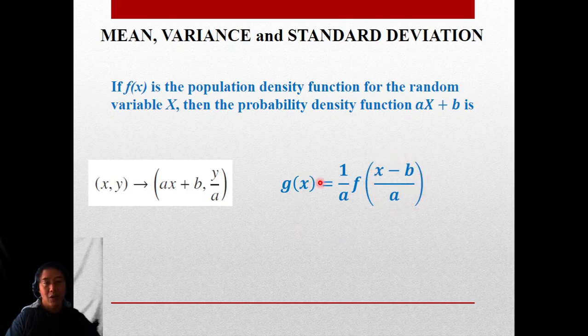And on the right hand side, sorry, that's going to be my g, and that needs to be equal to y, and y is my f. So by making g the subject, we multiply by 1 over a. Okay, I hope that makes sense. Anyway, so this is the way we follow that transformation.